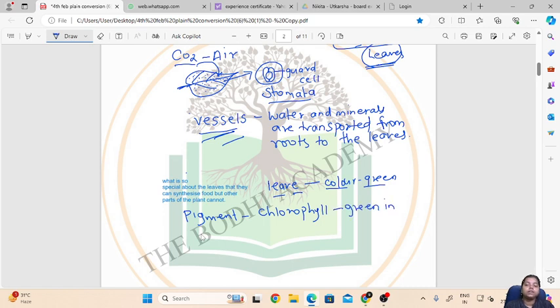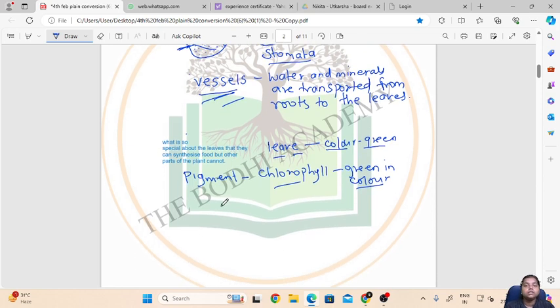Because of that chlorophyll pigment they are green in color, which is not present in any other part except the leaves. They are only present in the leaves. This chlorophyll pigment helps in absorbing sunlight energy from the sun.